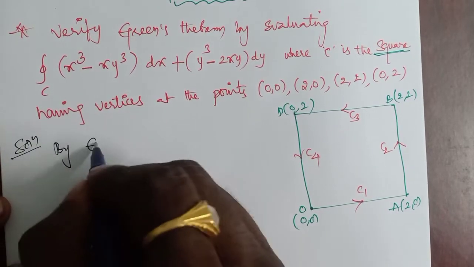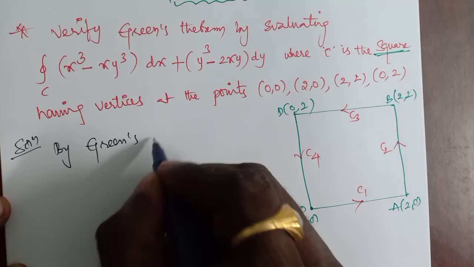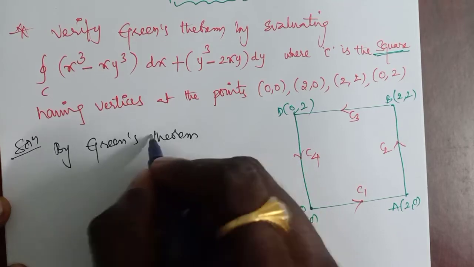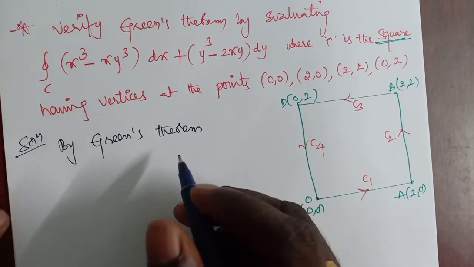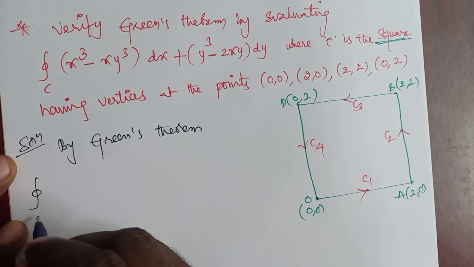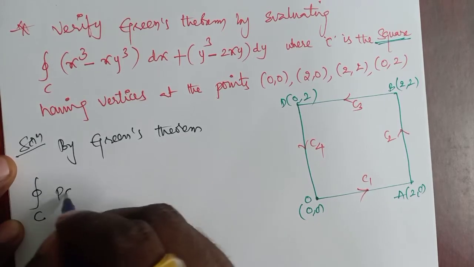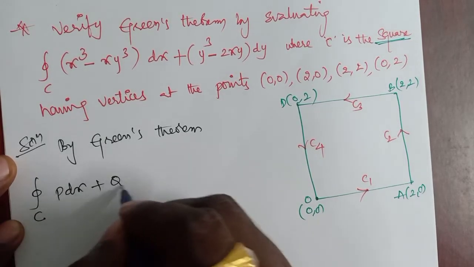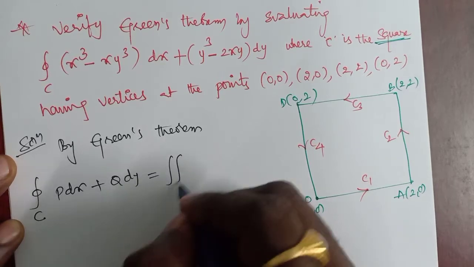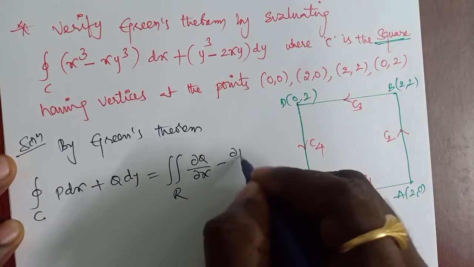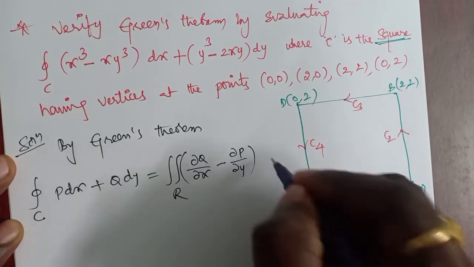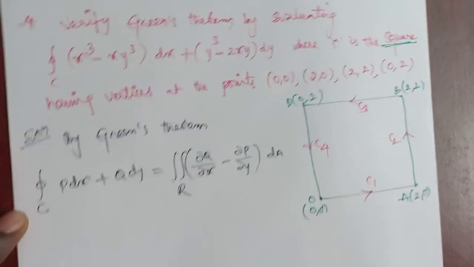So by Green's theorem, what is the formula in Green's theorem? That is the line integral along the curve of P dx plus Q dy equals the double integral over the region of (dou Q by dou x minus dou P by dou y) dA.